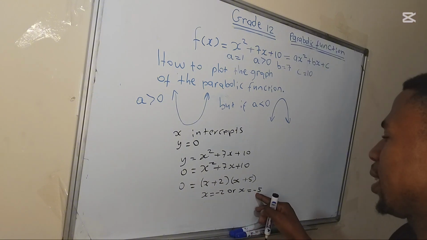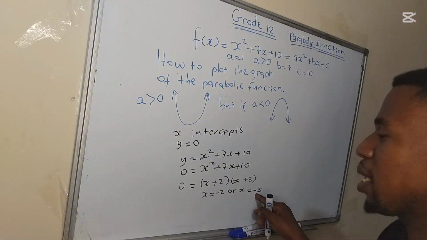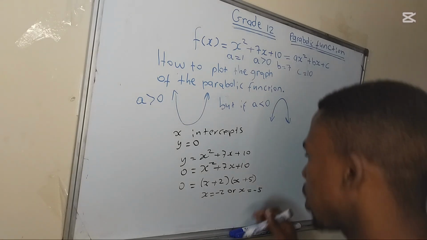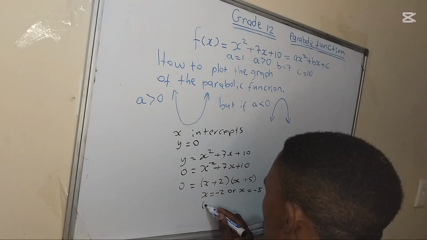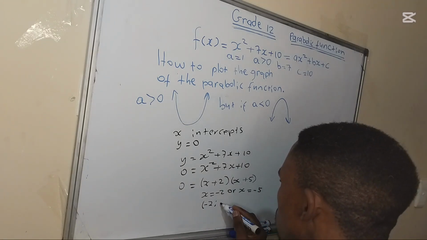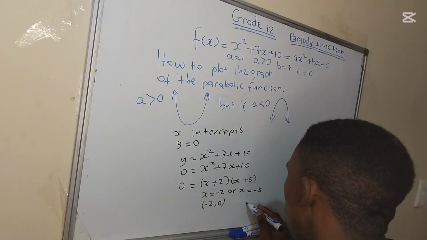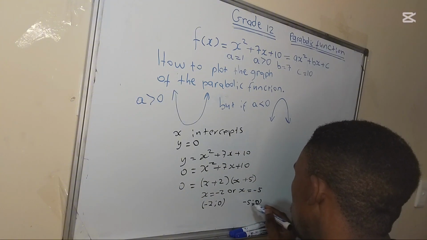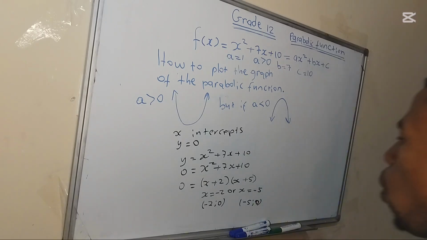So these are the x-intercepts. It is where our graph is intersecting with what? With the x-axis. So we have our coordinates: negative 2, 0, and also negative 5, 0. Why 0?